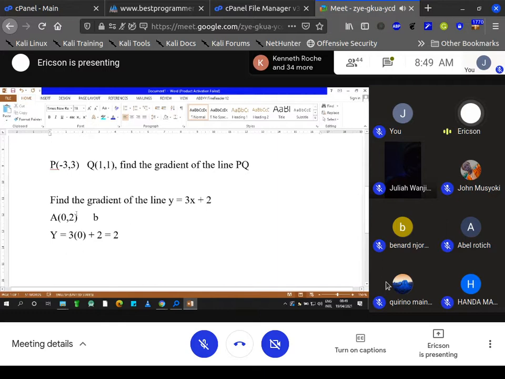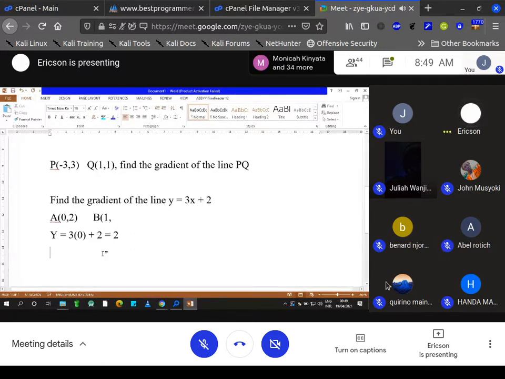Again, our second point, point B. You cannot use 0 again. Let's say a second value. Let's pick 1 as our x value.